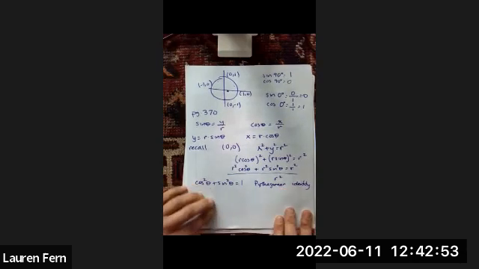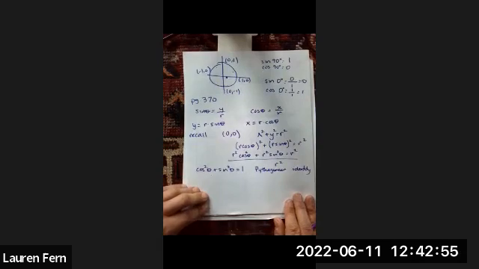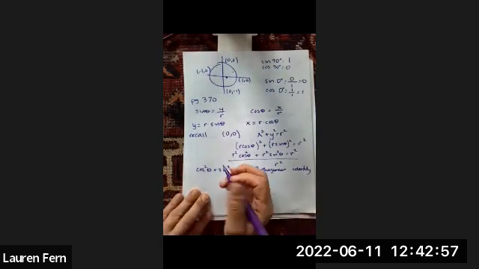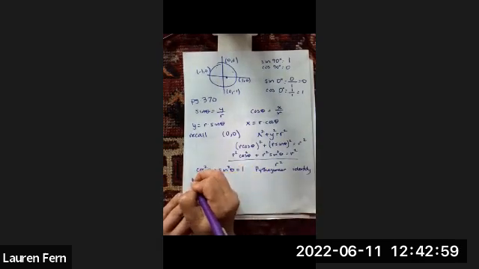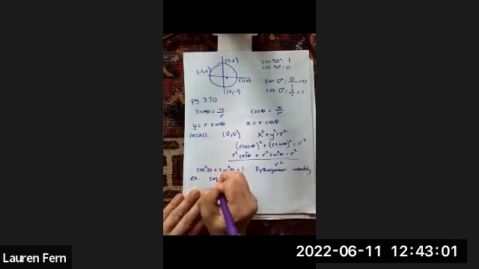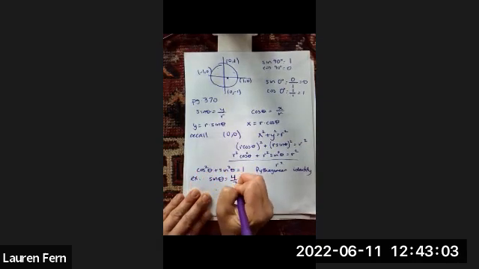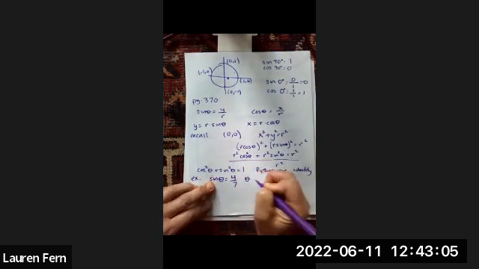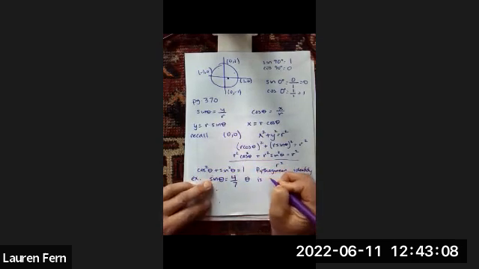This is a really crucial relationship. A couple of things that I want to note. Suppose I tell you that the sine of some angle is 4/7, and that that angle is in quadrant 2.